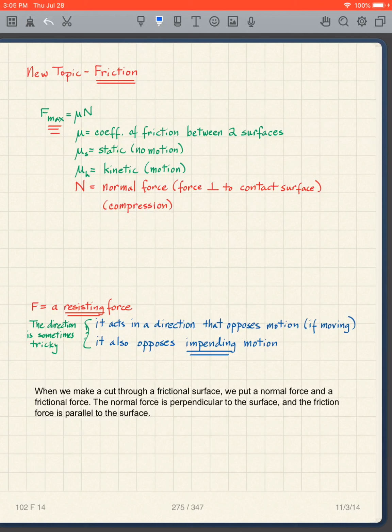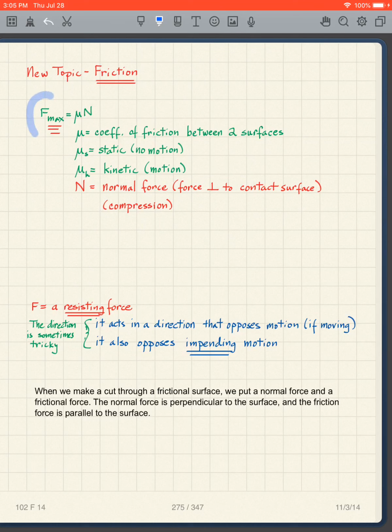Because if you have two bodies in contact with one another, then there's going to be a compressive force holding them together. If there's tension force, well, then they can separate. So this is going to be a force perpendicular to the contact surface and toward the body, compression.